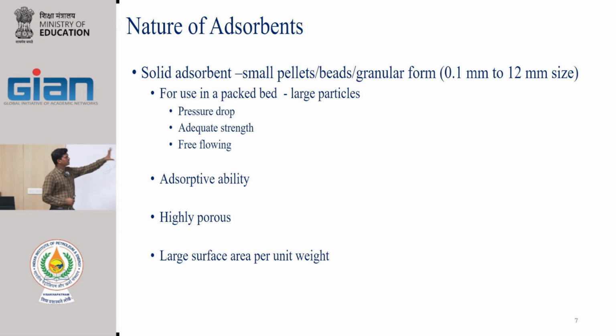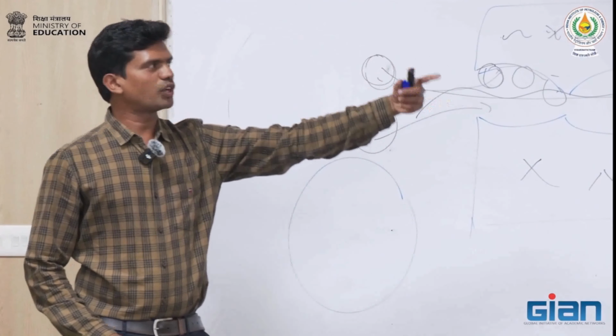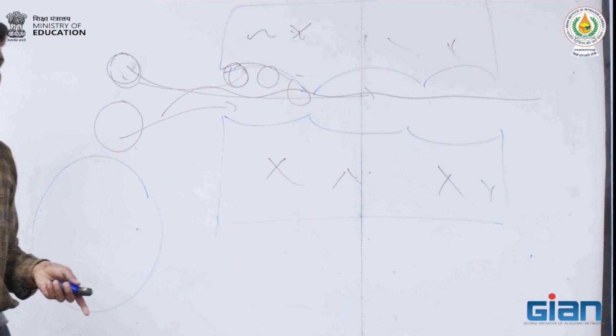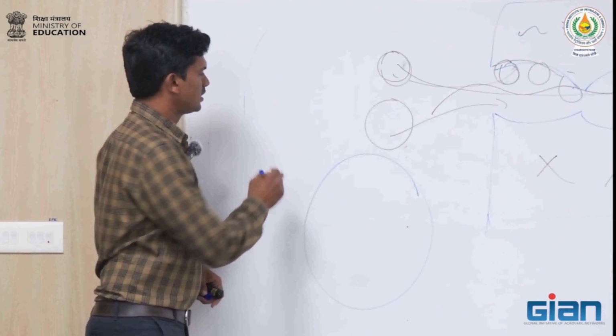Usually these are in the size of 0.1 mm to 12 mm. So this adsorbent is in the order of 0.1 to 12 mm size, right? But that will come.